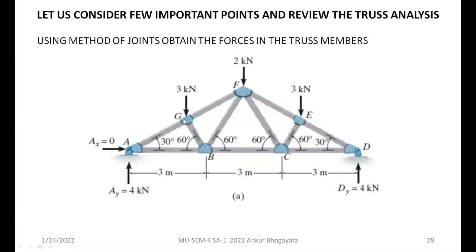And of course, the force in GB will be the same as EC. The only unique force will be in BC. So you need to work out force values in 1, 2, 3, 4, 5, and 6 members only. Don't go for the others because they are going to be the same.